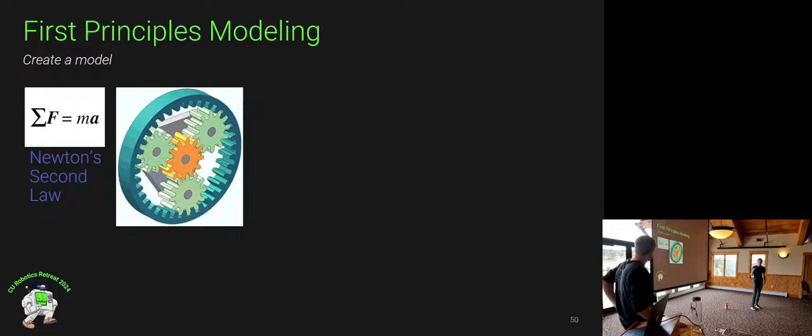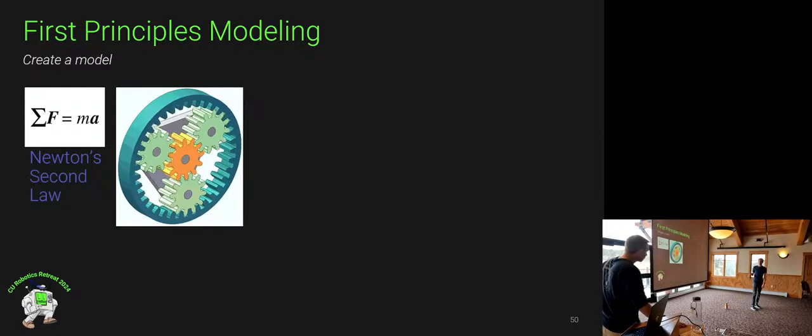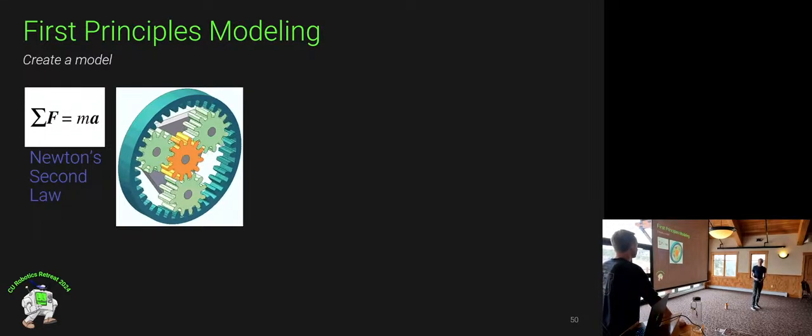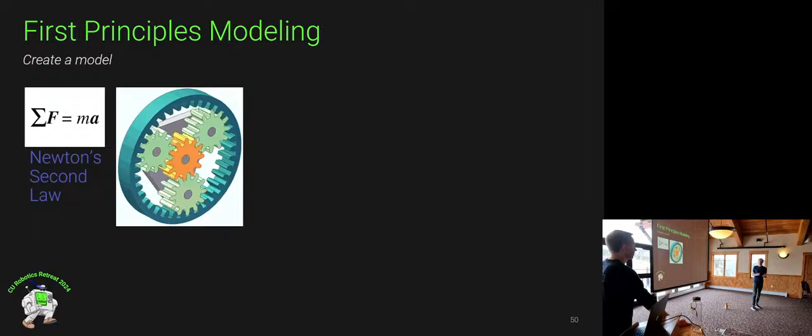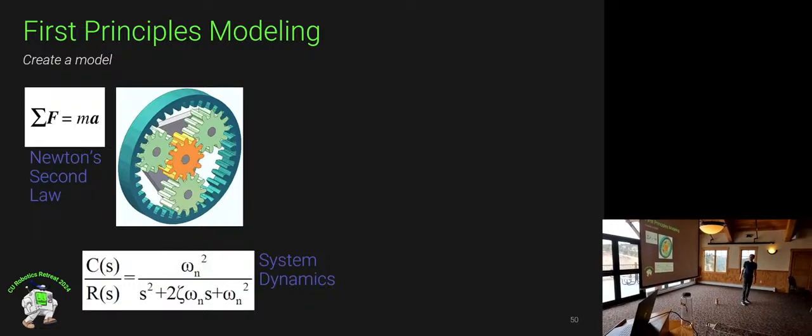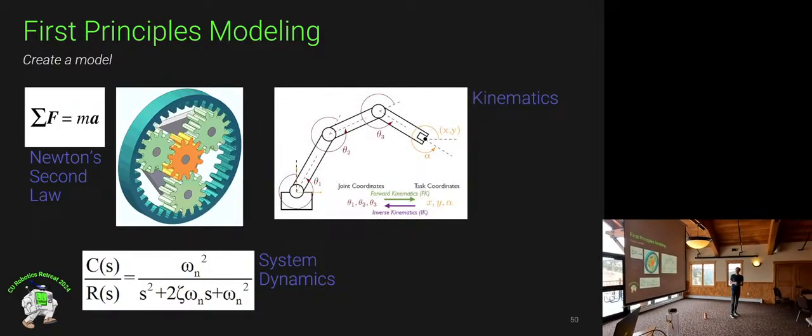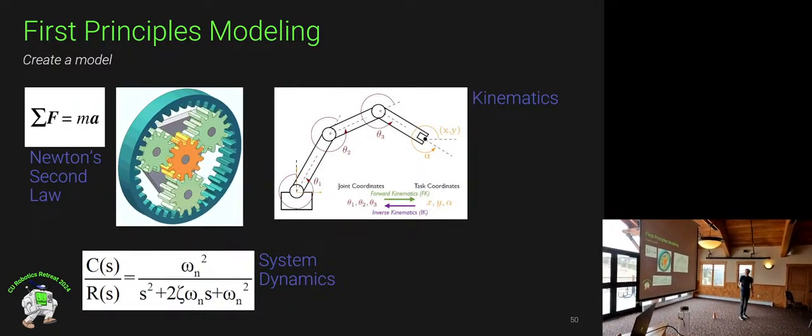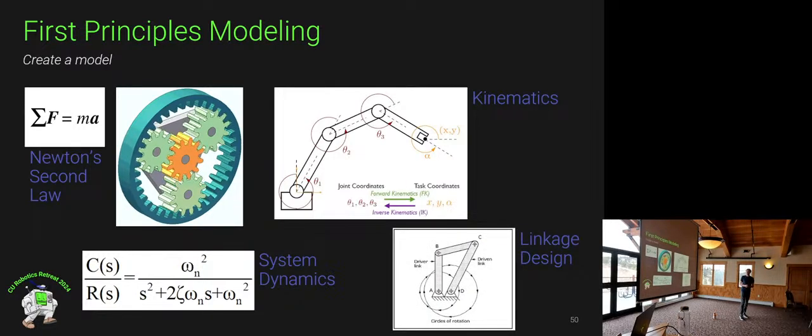Use free body diagrams, use F equals MA, use torque propagation, stuff like that. Compute what the forces are going to be on your robot, and that will help inform your design. You can look at system dynamics as well, kinematics, forward and inverse kinematics if you have an end effector robot, and also linkage design. If you want your robot to have some kind of complicated motion, you can look at that.